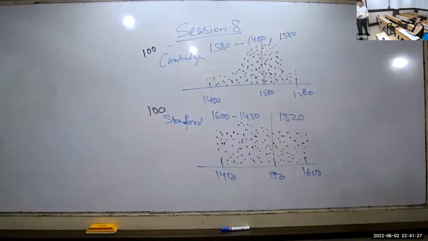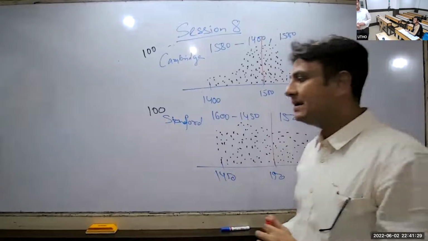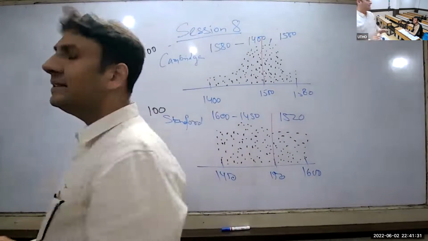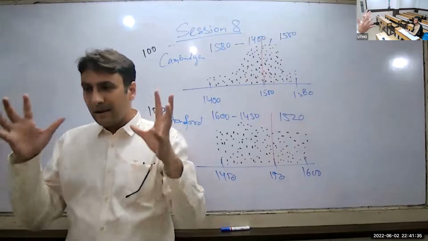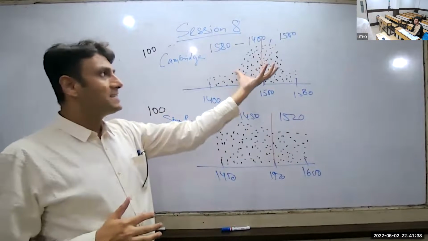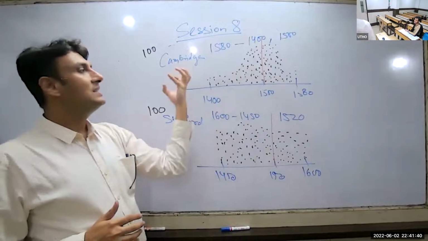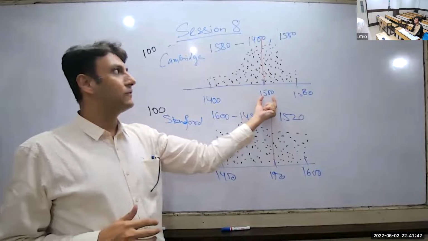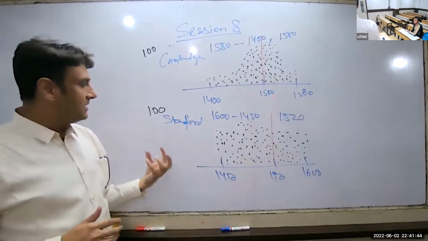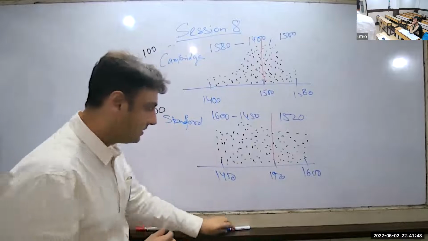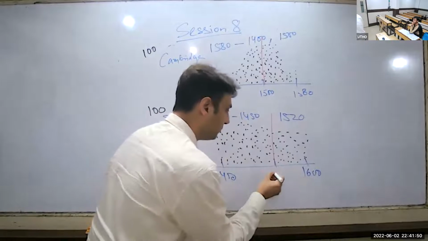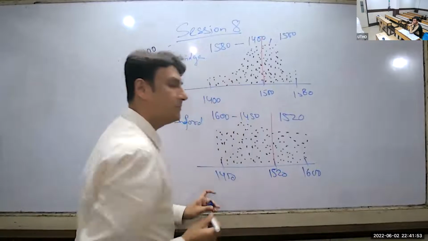Few questions. When I say standard deviation, उससे पहले ये समझिए that given data, there are 100 entities. In the Cambridge data, the average of these 100 entities is 1500. In the Stanford data, the average of 100 entities is 1520.